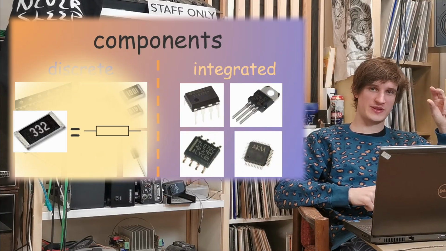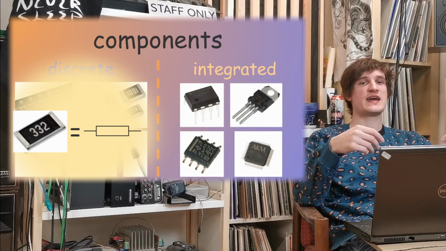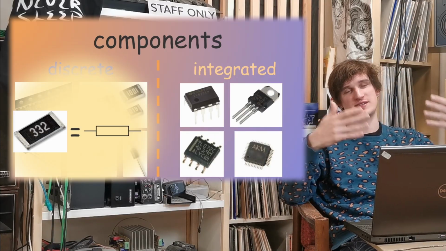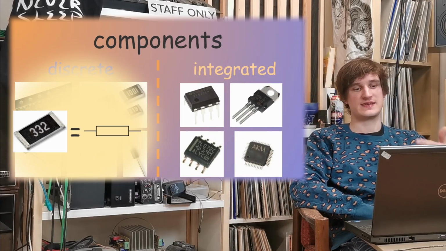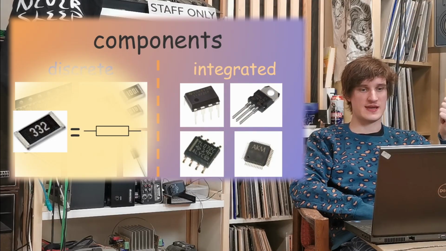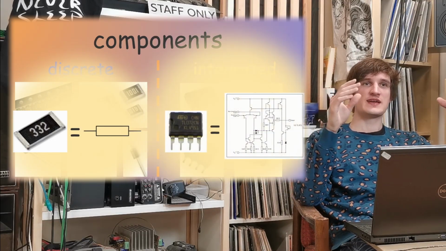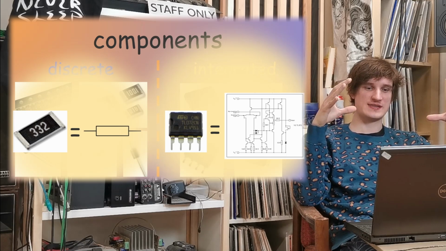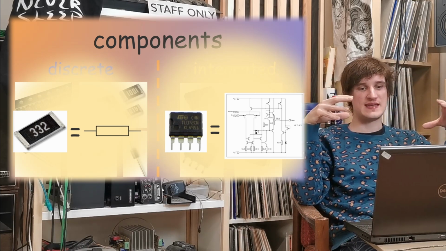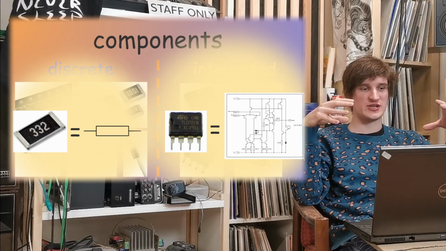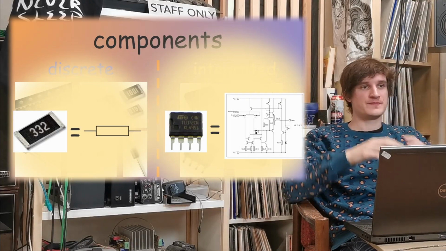This component is strictly a discrete resistor, and its role is to just give resistance to the circuit, and that's all. And integrated components are just miniaturized circuits that are fit in a chip. So integrated components are many components fitted in a chip.